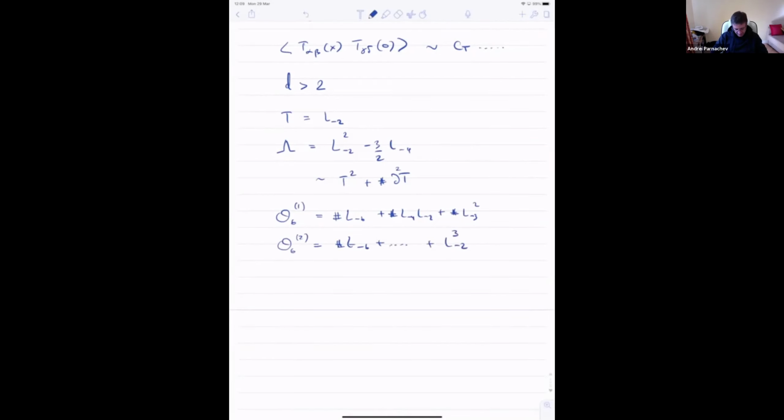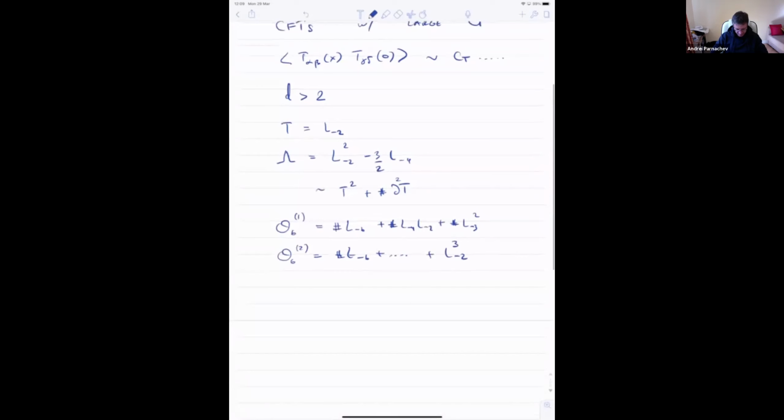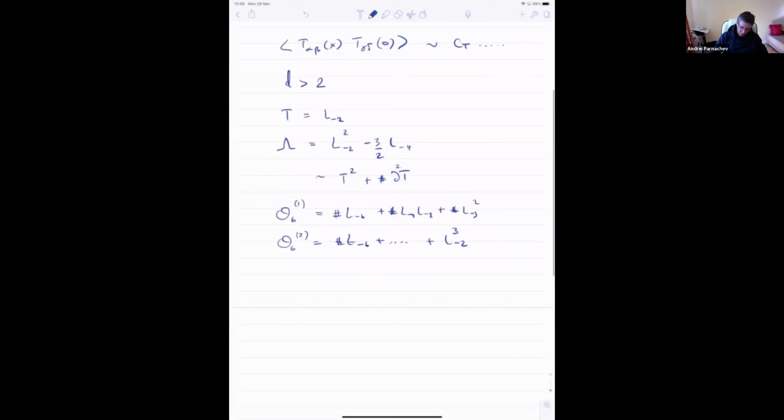Now, one way to classify all these operators is by looking at the highest power of the stress tensor that appears in them. So in this operator, in T, there is just one power of the stress tensor. In lambda, there are two powers of the stress tensor. So this is a double-trace operator.